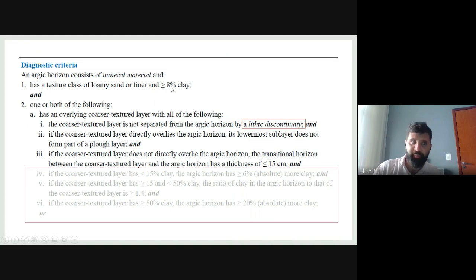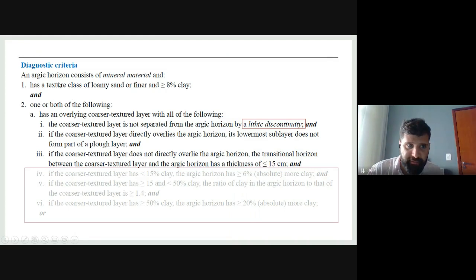If you have a horizon that has less than 8%, like 5 or 2%, maybe it is not a concentration of clay, it's just a residue of clay that you can find in that horizon. So at least 8% clay content, and at least a texture of loamy sand or finer in the texture triangle.